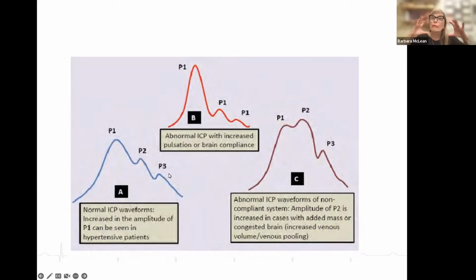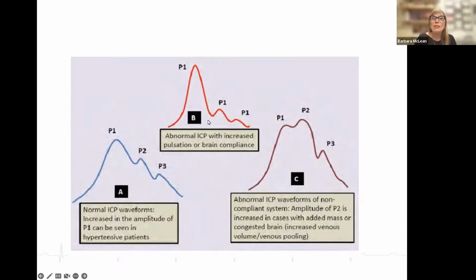P2, as blood perfuses the cranial vault. This is the best measure of cerebral compliance. And P3 is often called the dicrotic notch. P3 is related to the closure of the aortic valve. Most of us don't care much about P3 or that notch. We care about P1 and P2.